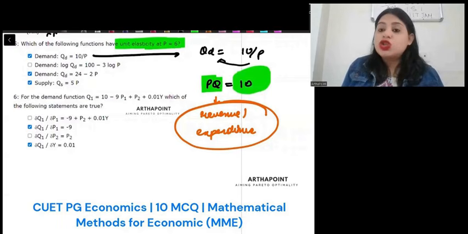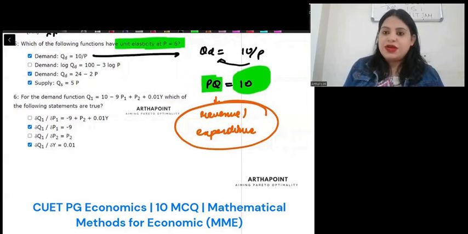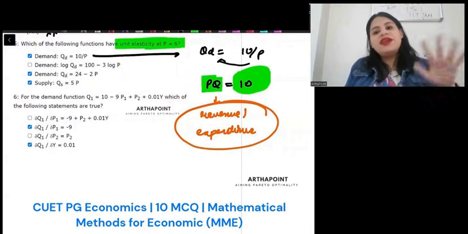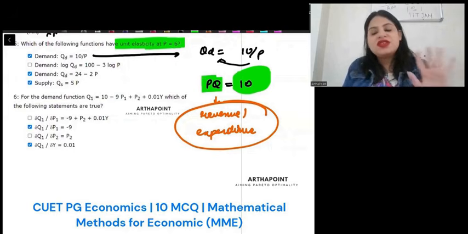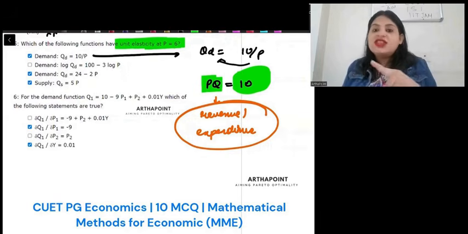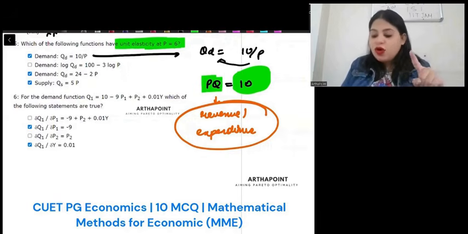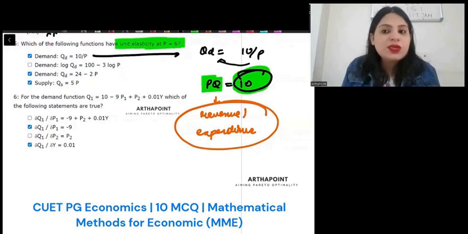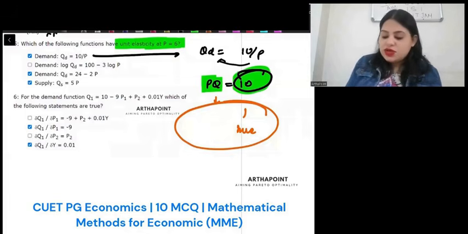Revenue is not changing whatever is happening to price or quantity. P into Q is always 10. Revenue is always 10. So revenue does not change when price changes. Revenue will always be 10. So isn't this unit elastic automatically? It is. Theek hai ji. So that is unit elastic.